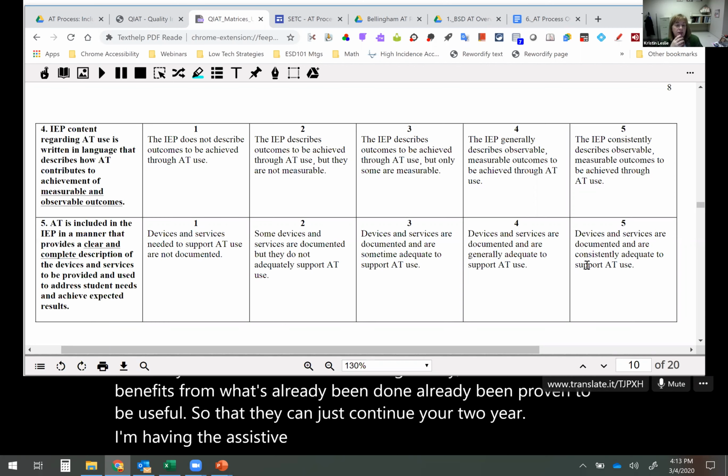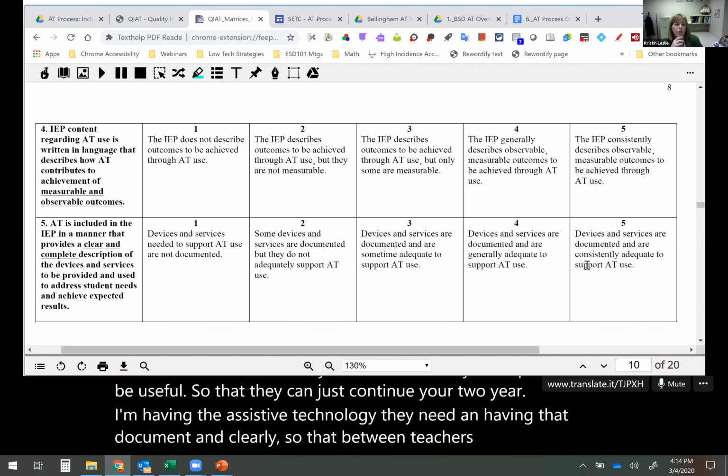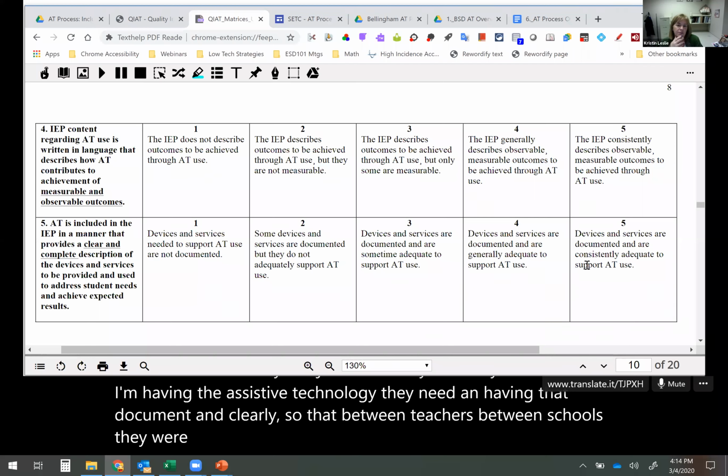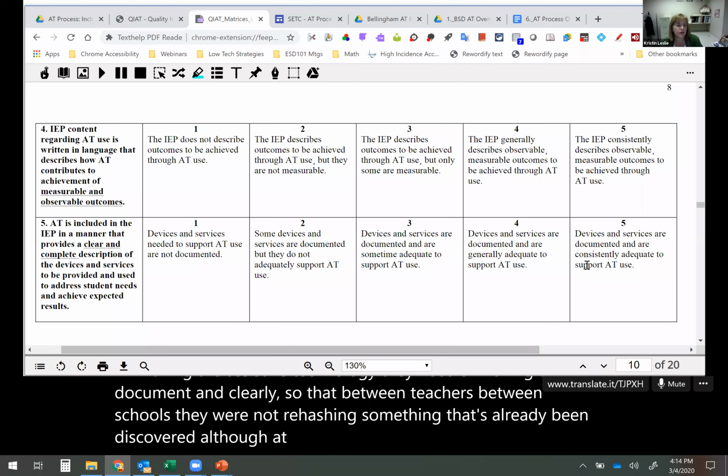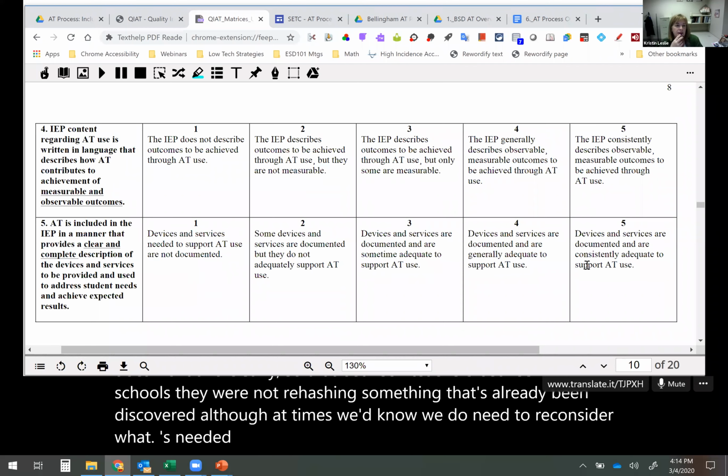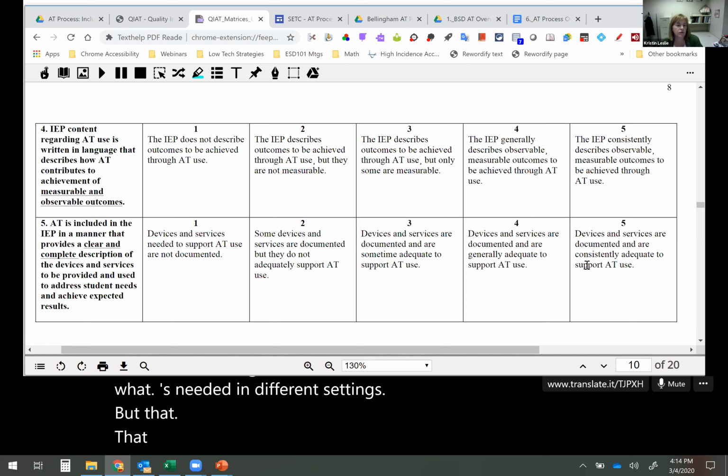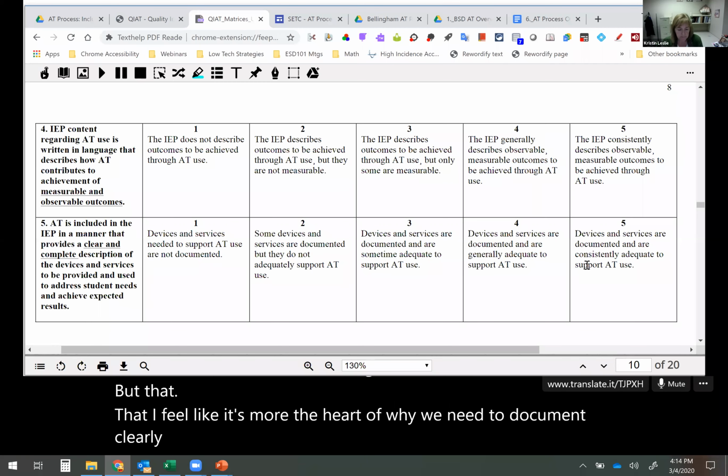And having that documented clearly so that between teachers, between schools, we're not rehashing something that's already been discovered, although at times we know we do need to reconsider what's needed in different settings. But that I feel like is more the heart of why we need to document clearly.